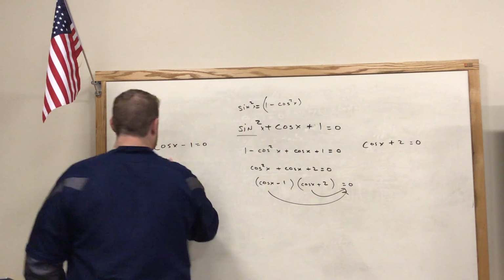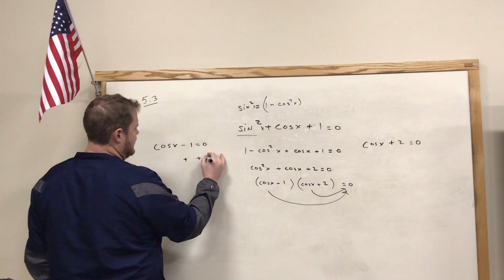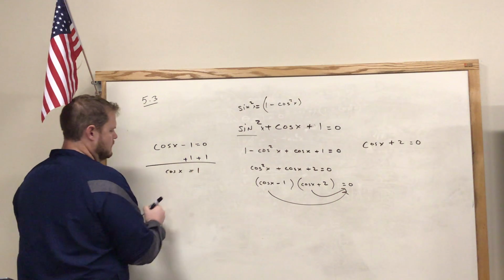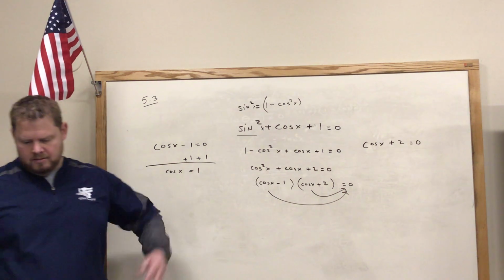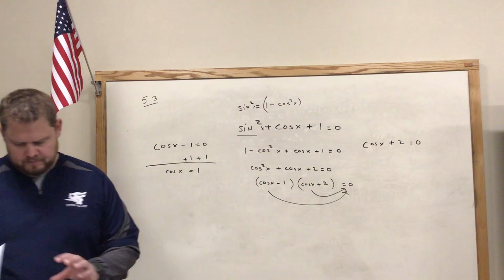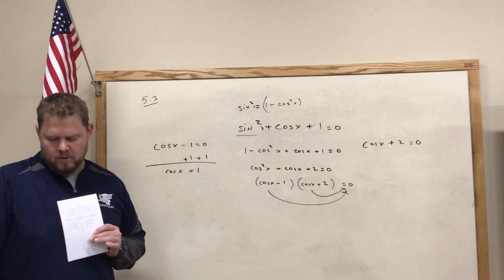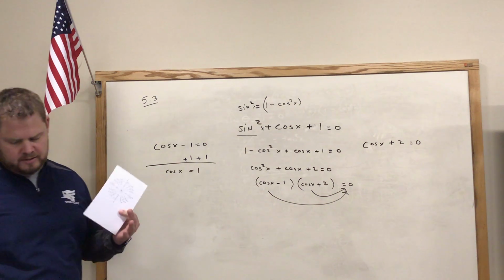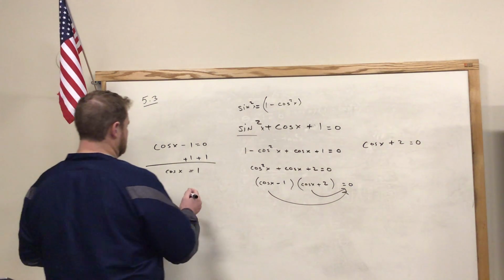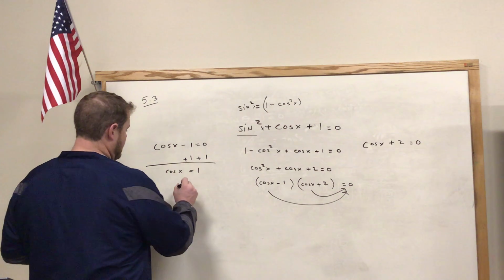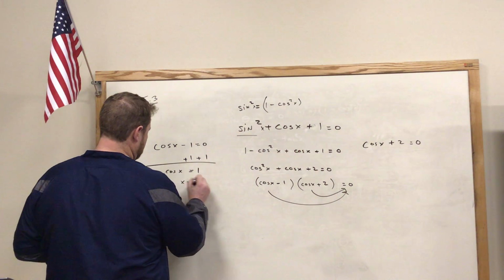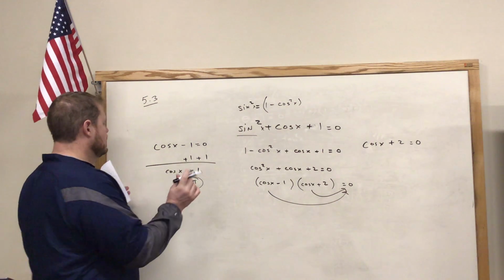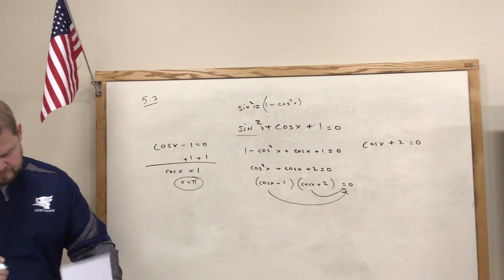So let's solve this one first. Add 1 to both sides. Cosine x equals 1. So when on our chart is cosine x equal to 1? And that answer is, anybody? Pi. Good. X equals pi. Cosine's positive 1, right?